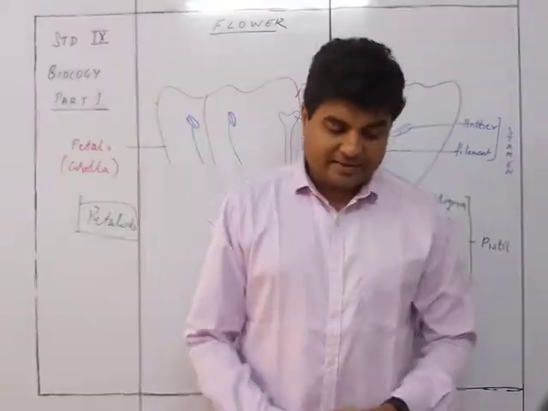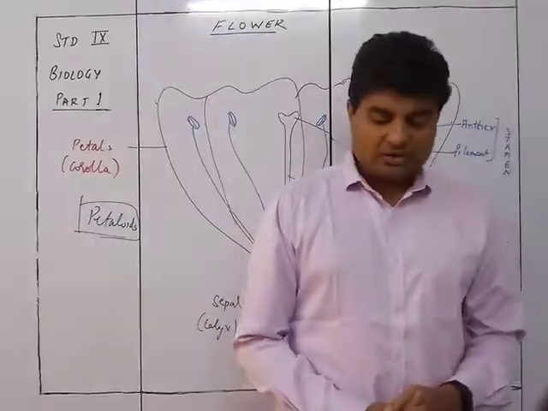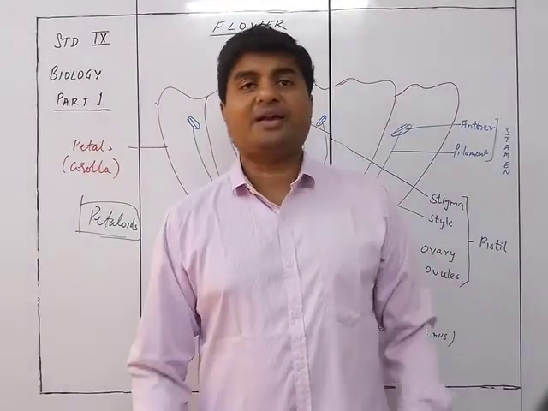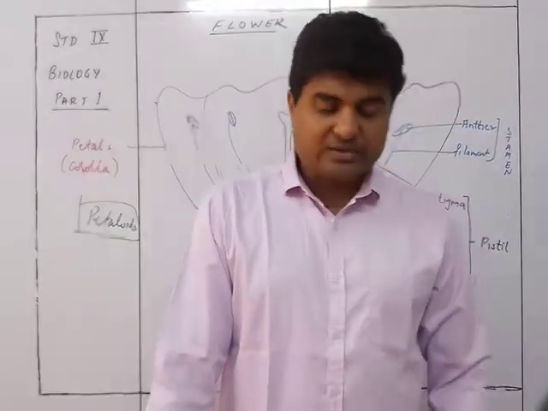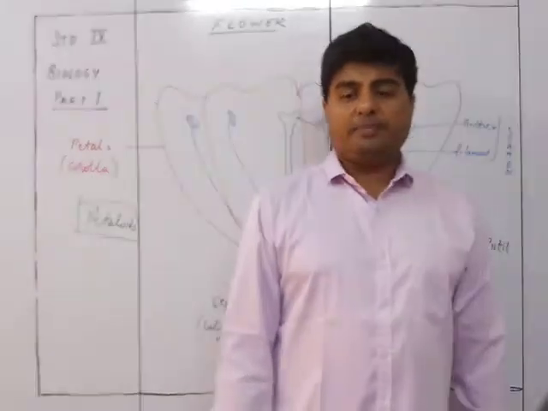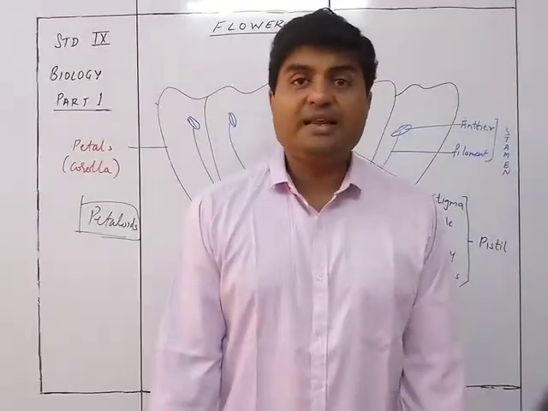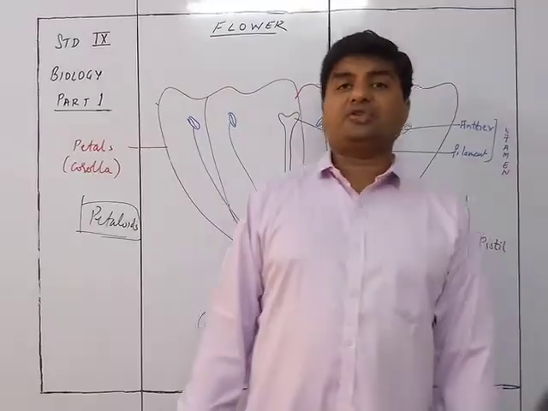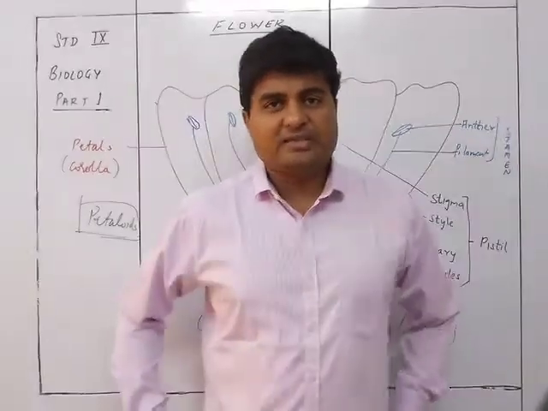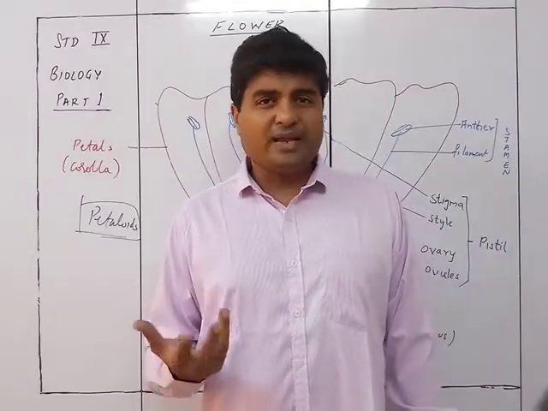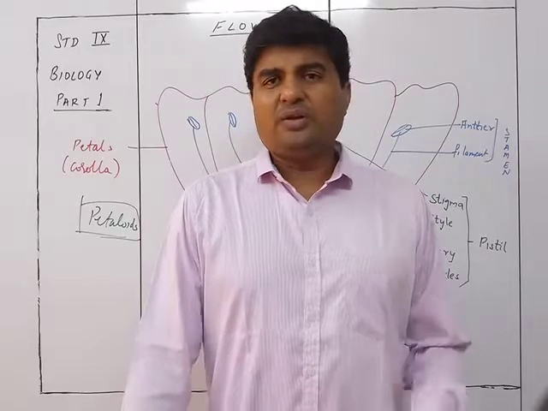The next is nectaries. Most flowers produce a sweet fragrant liquid. Flowers need to attract insects towards themselves. If the insect has no advantage in coming to the flower, why would it come?